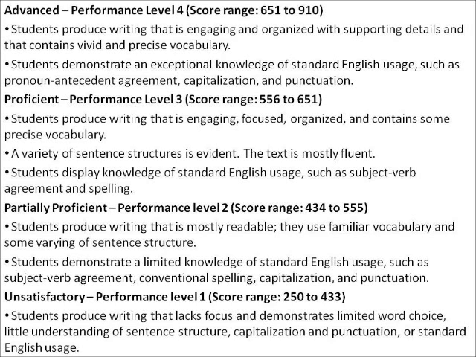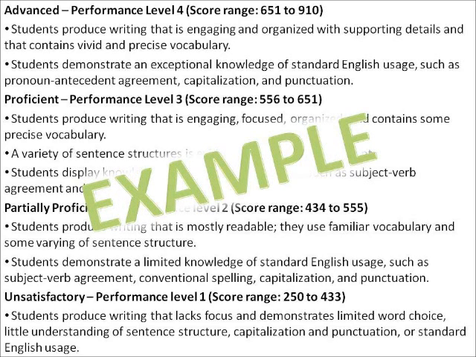You'll notice if you see the unsatisfactory performance level 1, students produce writing that lacks focus. But as you move up to the advanced level, you see that students produce writing that is engaging and organized, etc.